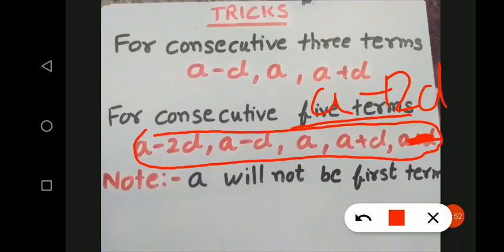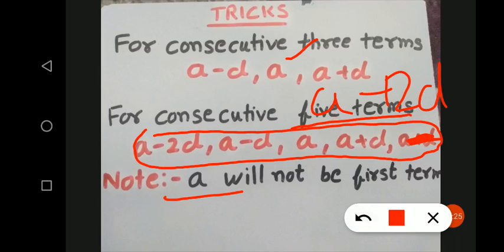One more important thing you have to know is that A will not be the first term. Here you see, in consecutive 3 terms, A will be the second term. Here A will be the third term. It means if we apply such tricks, we cannot take A as the first term, because A will be the middle term of the AP.